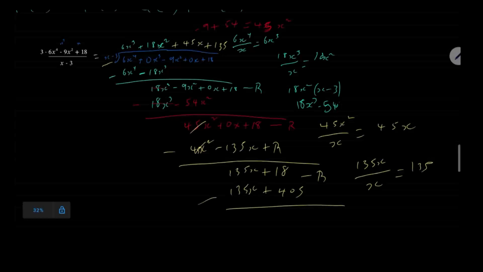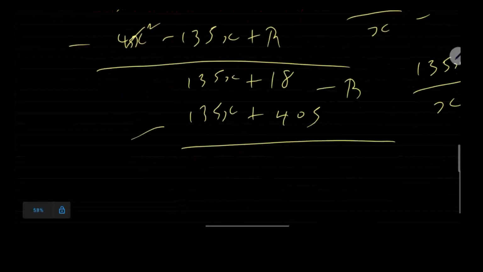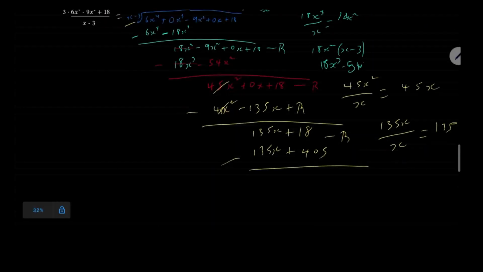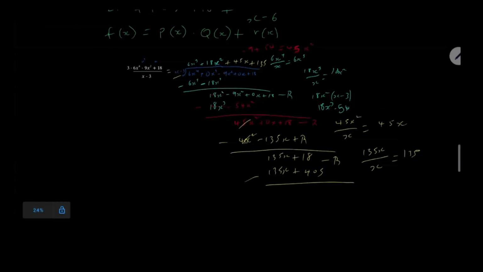Now 135x minus 135x take care of each other, and then 18 minus 405, right? This is going to be a negative number because 135 times negative 3 here and 135 here is going to give us a negative.